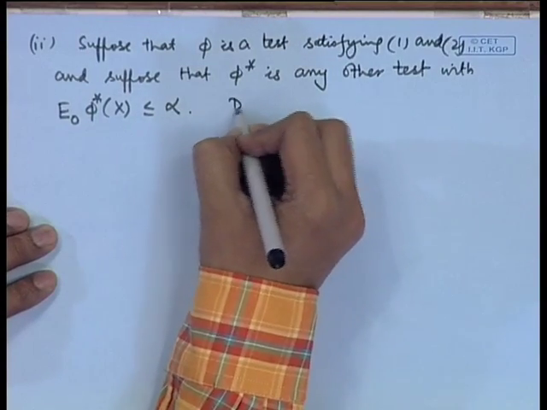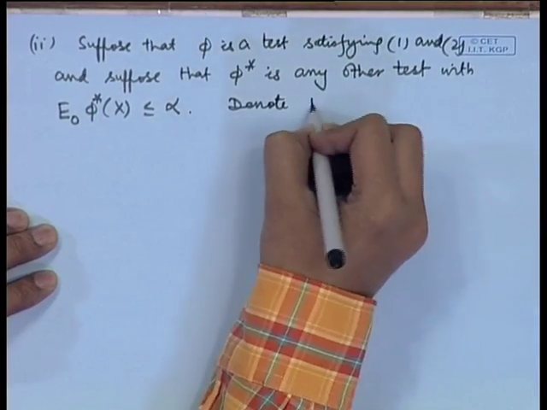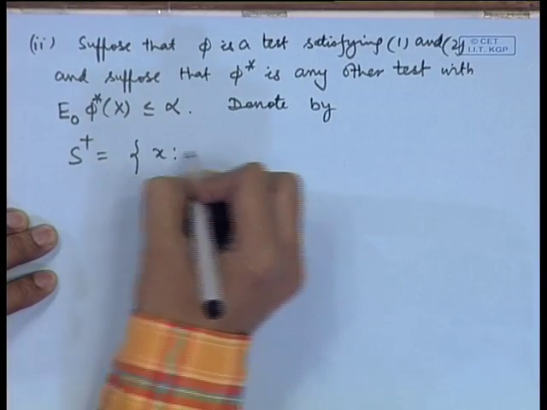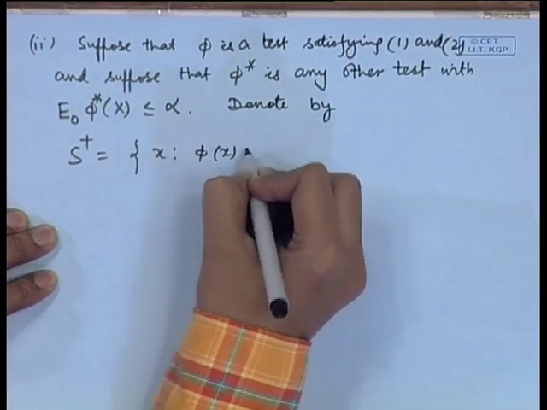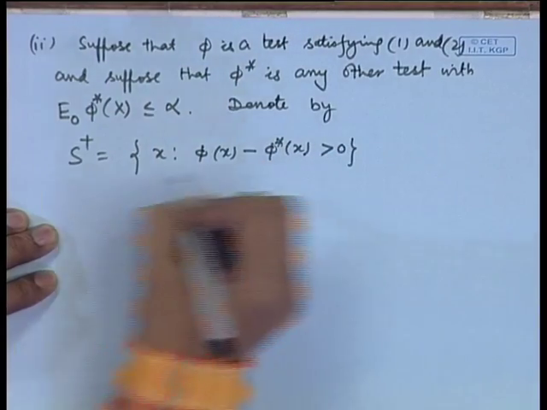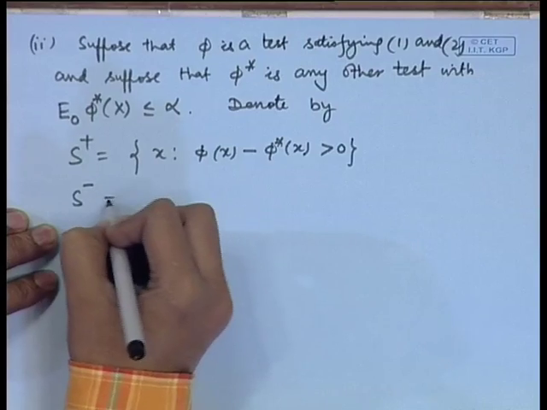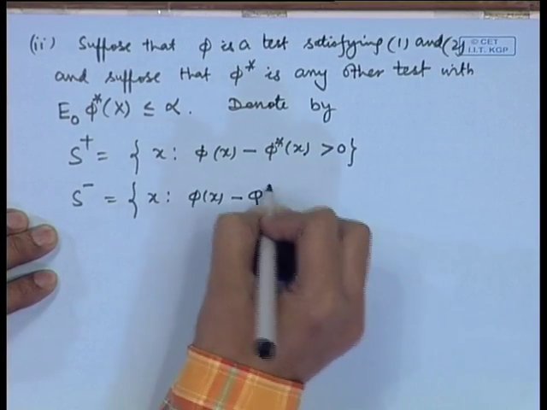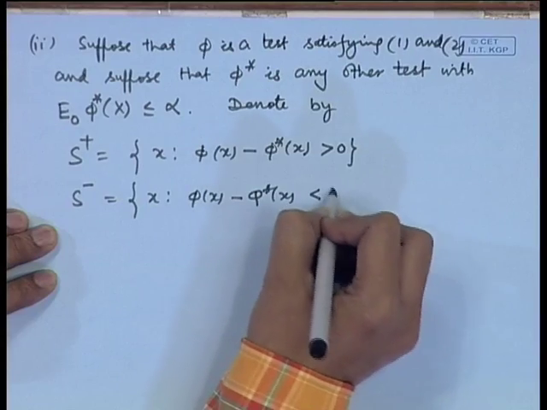Let us use the S plus notation for the set of those points for which phi minus phi star is greater than 0 and S minus is the set of those points for which phi x minus phi star is less than 0.